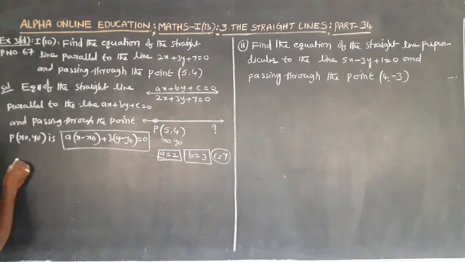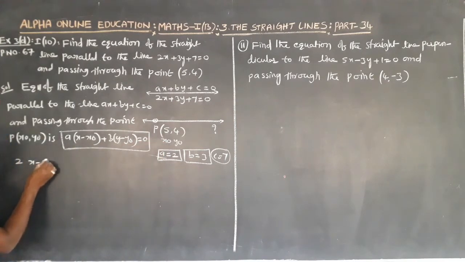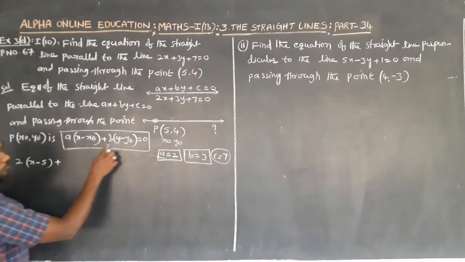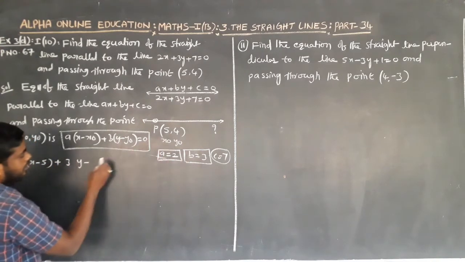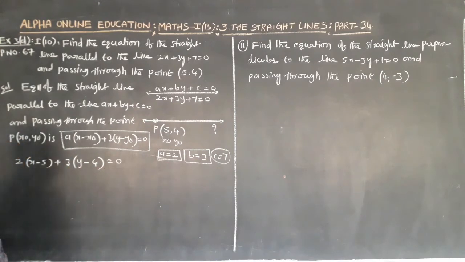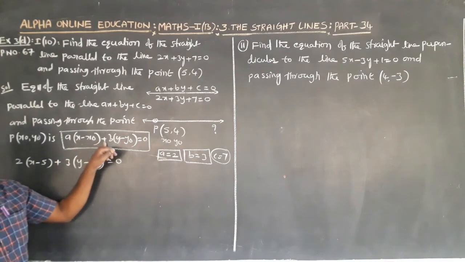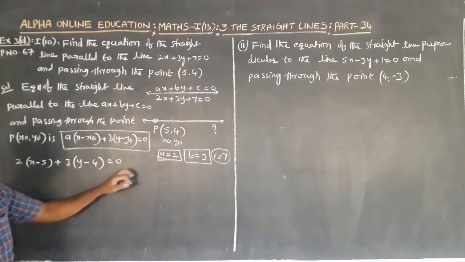A is 2, x minus x naught is 5, plus b is 3, y minus y naught is 4, is equal to 0. This is the formula: a into x minus x naught plus b into y minus y naught is equal to 0.